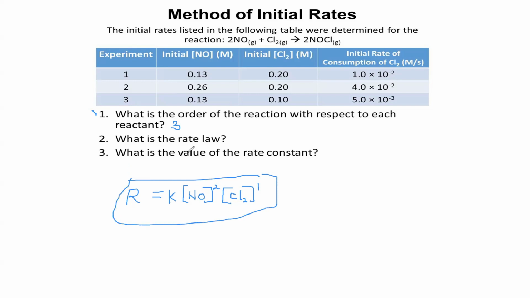And then the next thing is, what is the value of the rate constant? To get the value of the rate constant, that is K, is also simple. We can take any of these.